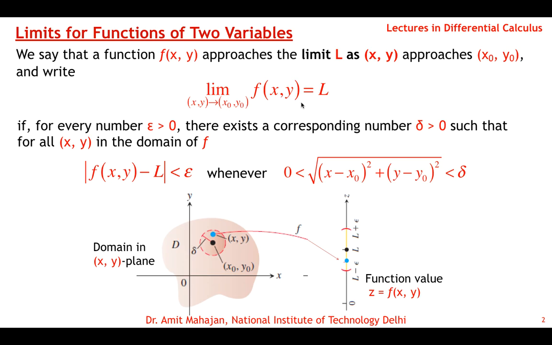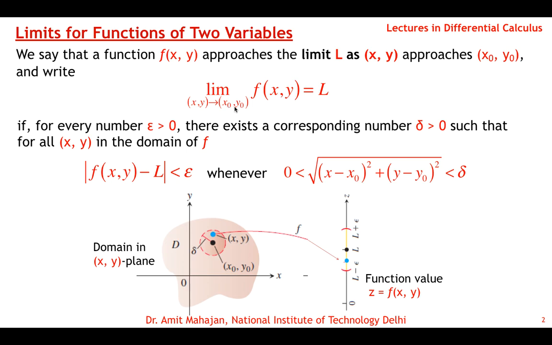Or we can say that the function lies arbitrarily close to L whenever the points (x,y) are sufficiently close to the point (x naught, y naught).